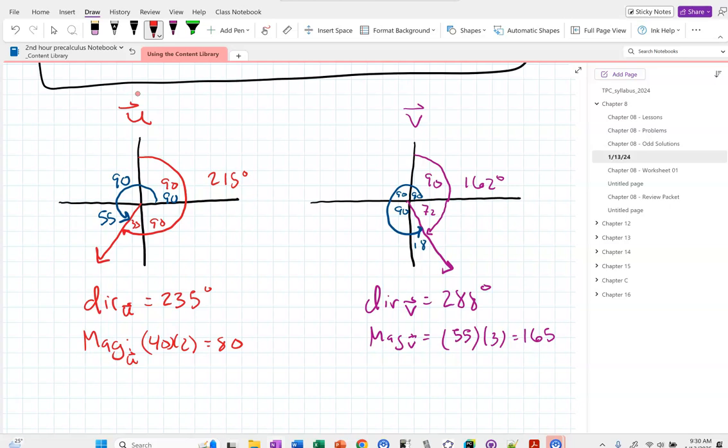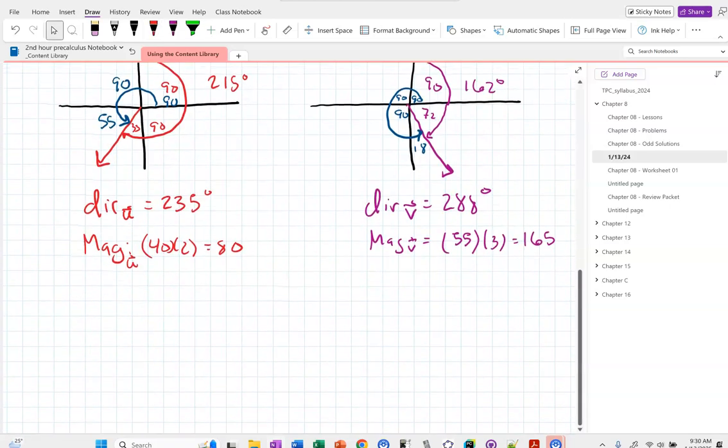My next step is going to be to resolve these vectors into component form. Do you remember the formula to change a vector from magnitude and direction into component form? It doesn't have a square root in it.